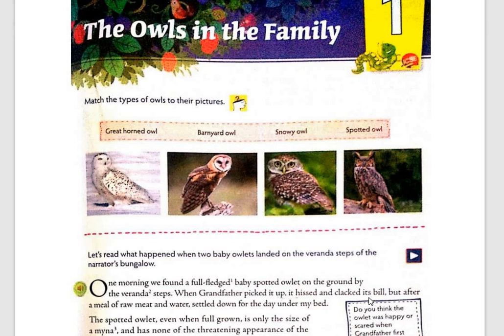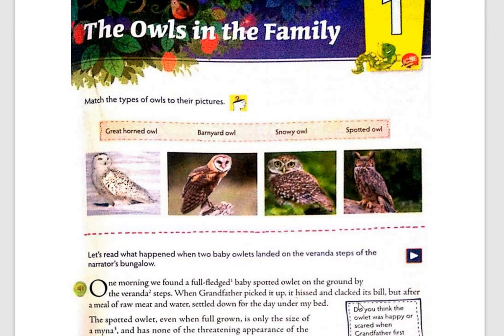But after a meal of raw meat and water, it settled down for the day under my bed. From these lines we can assume it was very hungry, as if the small newborn owlet had got separated from its mother and had not got anything to eat for some time.